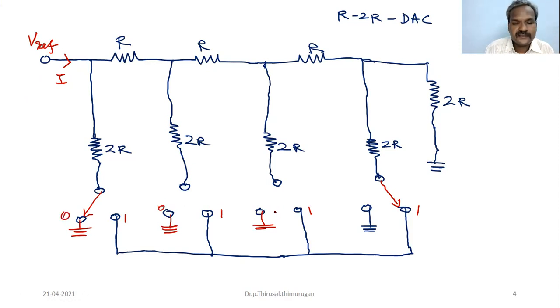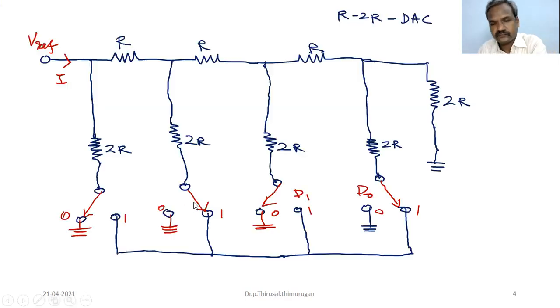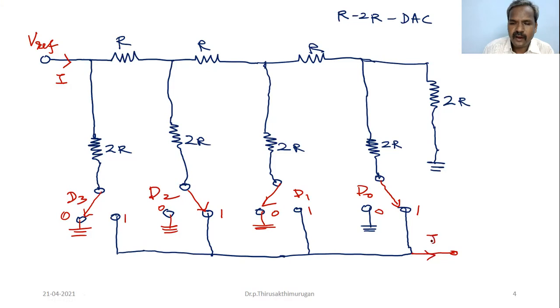These are all digital switches, D0, D1, D2, D3, depending on the switch. This goes to the upper circuit, so here we get I out.